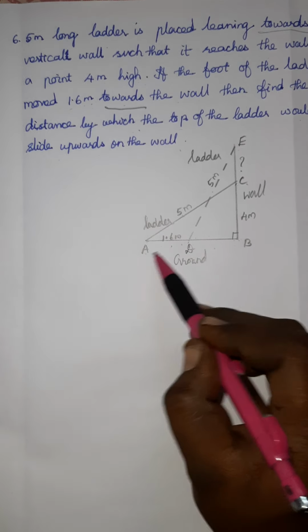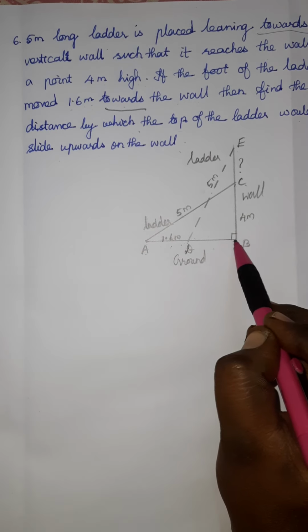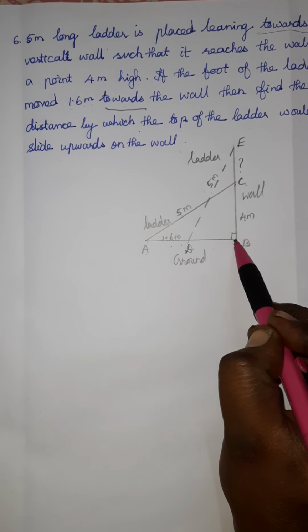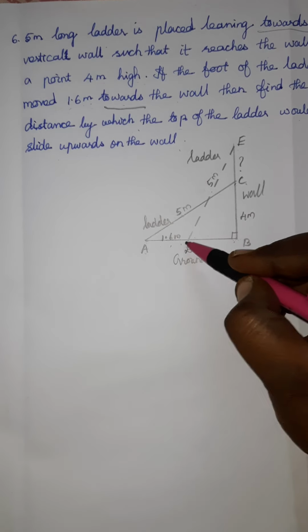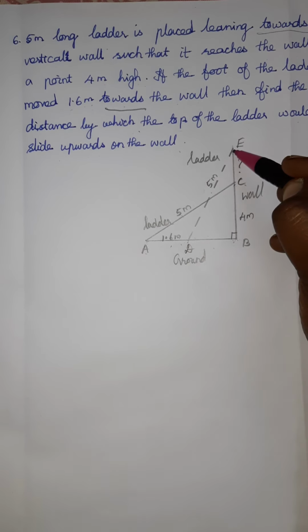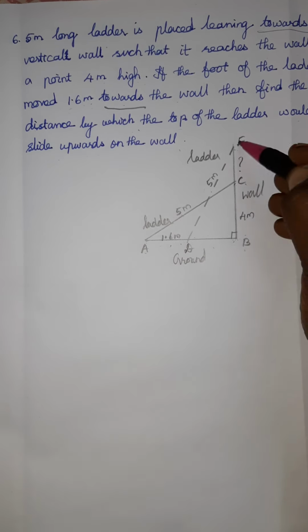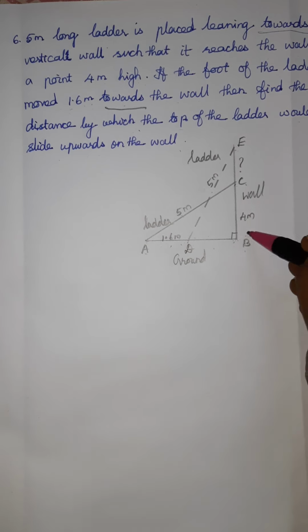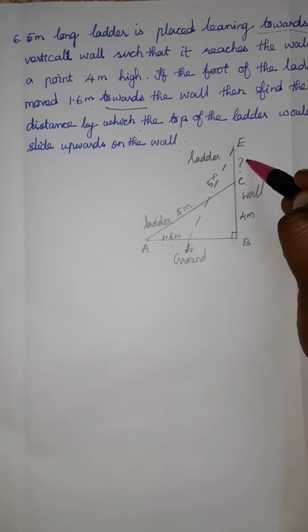Then from this AB, if you subtract AD, you can find out DB. Am I correct? So you know this DB length, already we know the DE length. You can find out this third side BE. From that you subtract 4 meter and you can find out CE. That is the procedure. We can do one by one, so you will understand more.